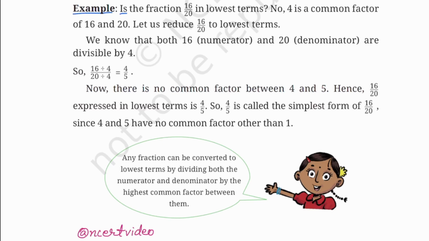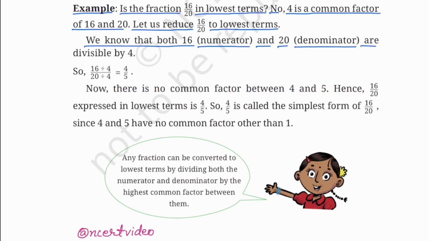Example: is the fraction 16 upon 20 in lowest terms? No, 4 is a common factor of 16 and 20. Let us reduce 16 upon 20 to lowest terms. We know that both the numerator 16 and the denominator 20 are divisible by 4.